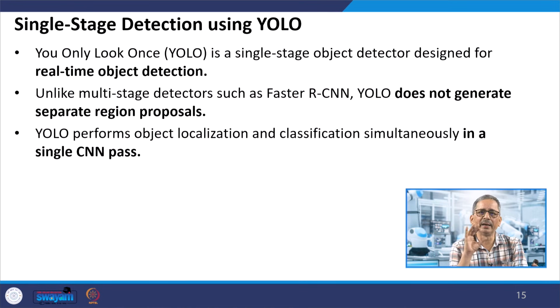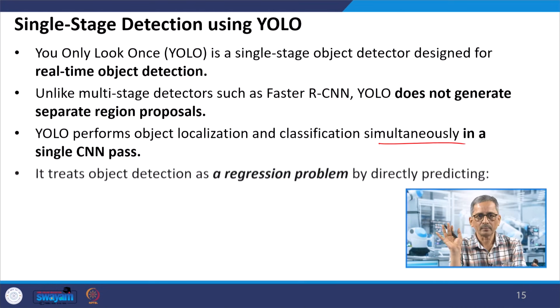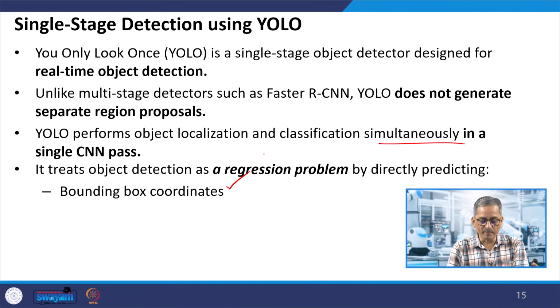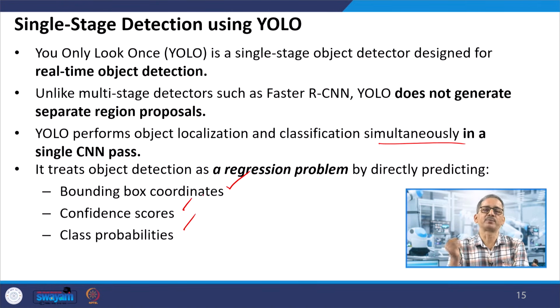Here the object localization and classification are done simultaneously in a single CNN pass. It treats object detection as a regression problem by directly predicting the bounding box coordinates, the confidence score and the class probabilities.